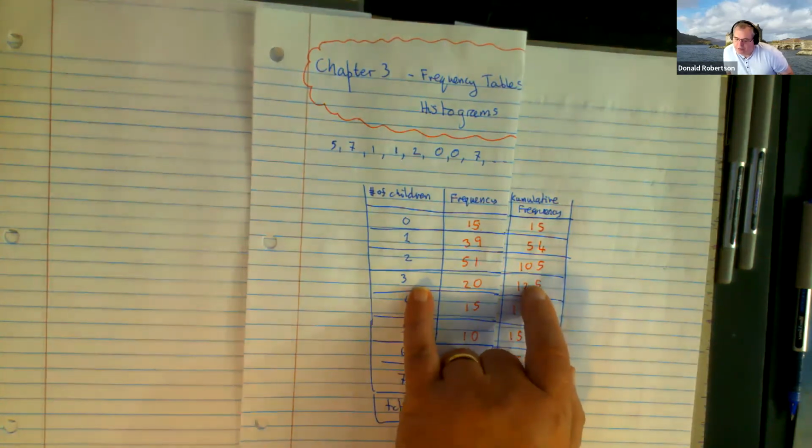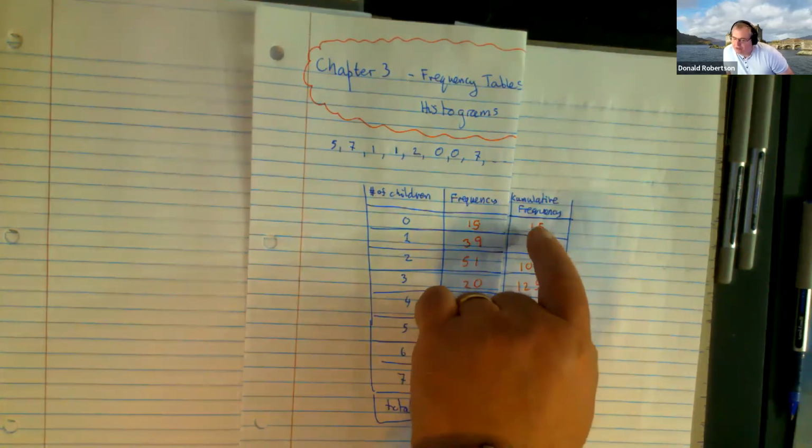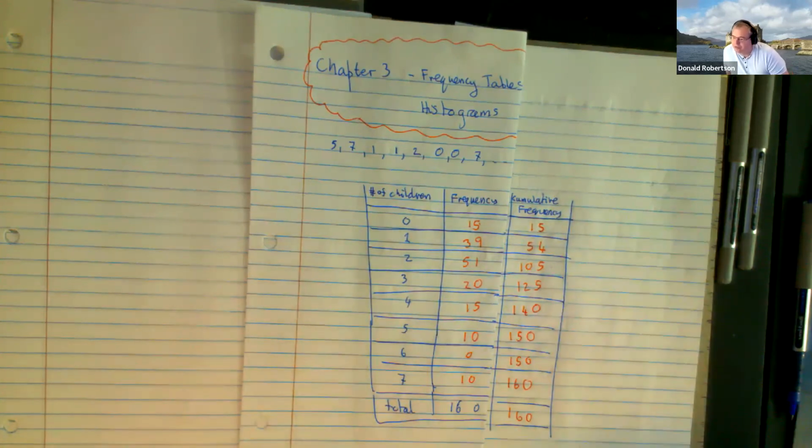I can tell you that if you go to 3 children, there's 125 parents who have 3 or fewer children in their family. So you see, this table allows you to answer questions like that relatively easily because the numbers you need are there. That makes sense?